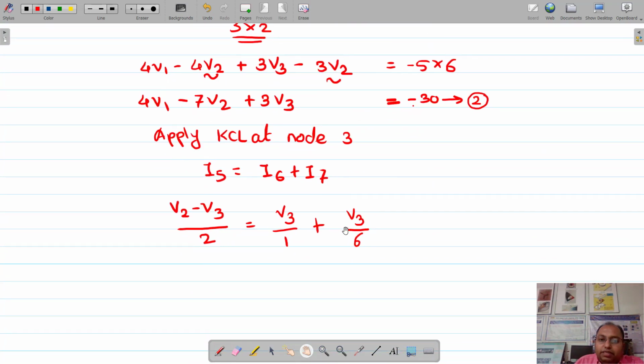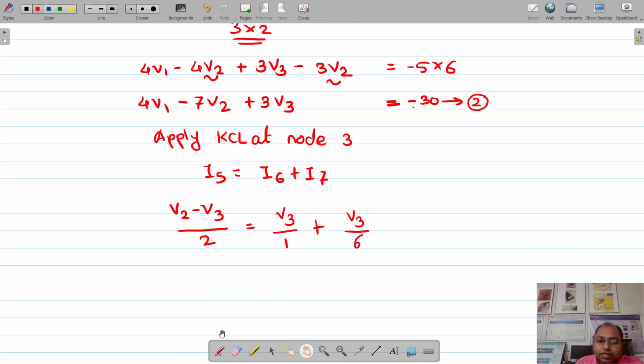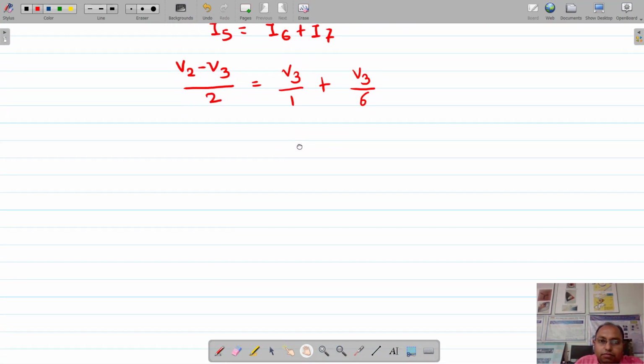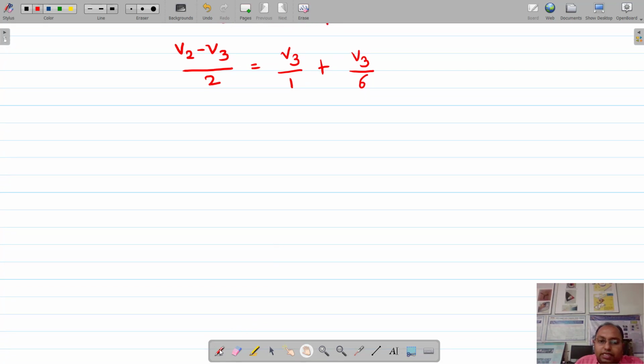Let us do the rearrangement and find out the equation for that. Okay, let us bring all the terms to the left hand side. Okay, so (V2 minus V3) divided by 2 minus V3 divided by 1, or let us say V3 itself, minus V3 divided by 6 is equal to 0.